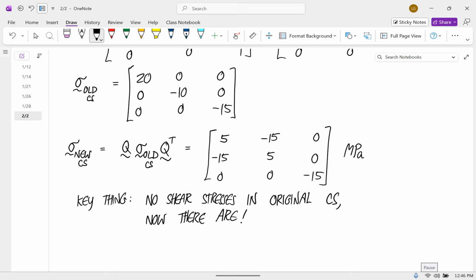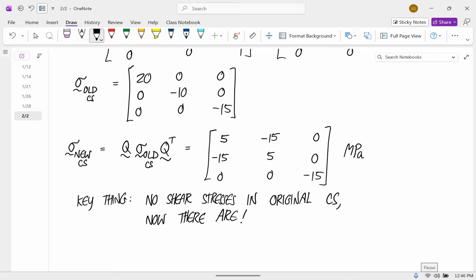In fact, this coordinate system that I chose is the one with the biggest magnitude of shear stresses you can find anywhere. There are infinitely many coordinate systems you could try, and if you tried all of them, it would take a long time, but you would find that you can't get any bigger absolute value of shear stress than this.